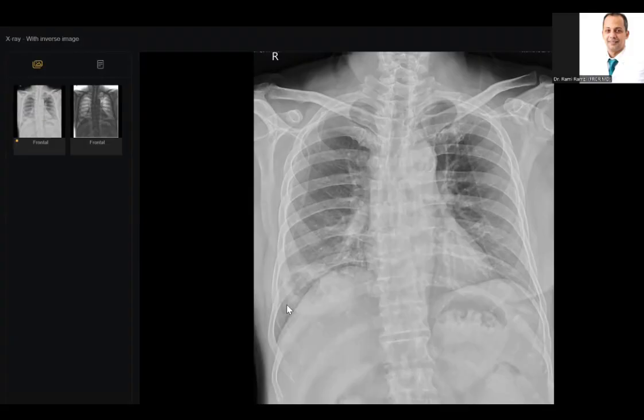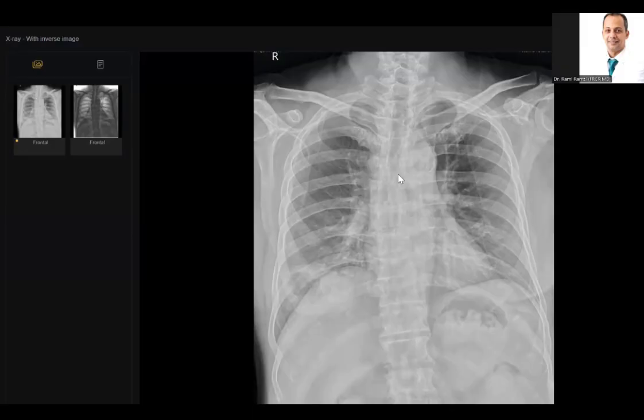I can't appreciate any other lesion within the rest of the lung fields, bilateral costophrenic and cardiophrenic angles, and the lung fields appear normal. It seems to be a cavitating lesion.